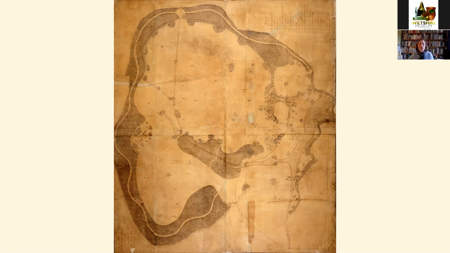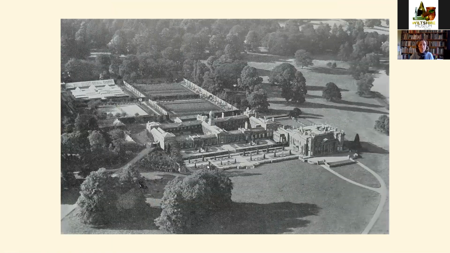This is a photograph from Country Life from the 1930s, and I think it gives quite a good idea of what the estate looked like as Brown laid it out. The only thing I would say is that the terraces that you can see at this point were not there. Brown had nothing to do with those, and they were much later.